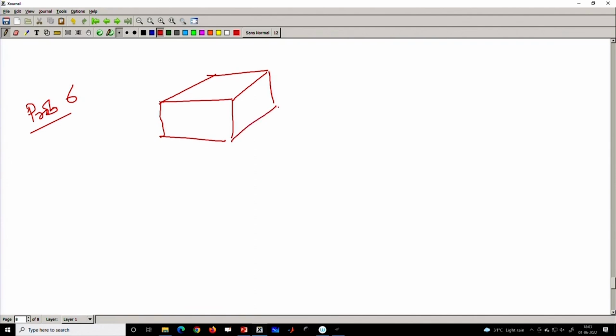So, we have a dielectric block here with the length L on all sides, and the polarization P of this dielectric is not uniform. It is a function of r like this.